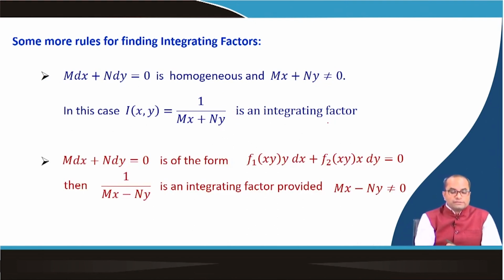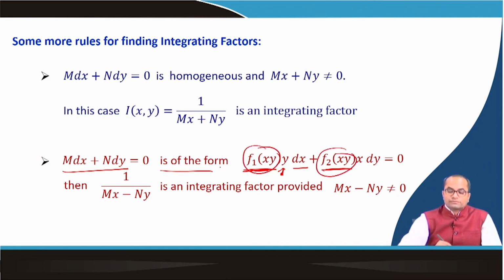There is another one: if M dx plus N dy equals 0 is of the form f1(xy) y dx, where f1 is a function of xy, together with f2(xy) x dy, where f2 is also a function of xy, equal to 0.